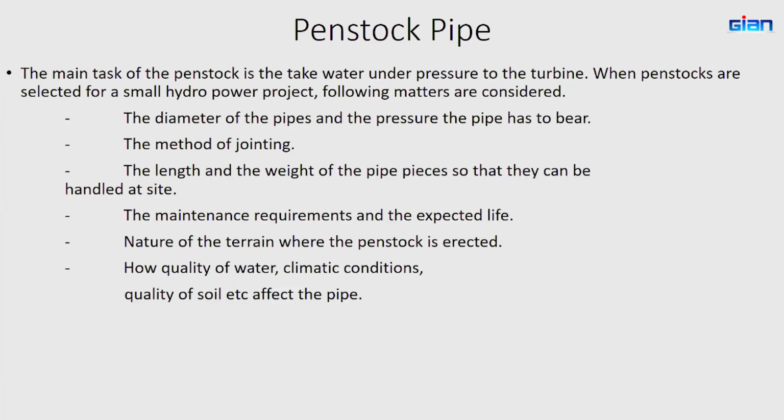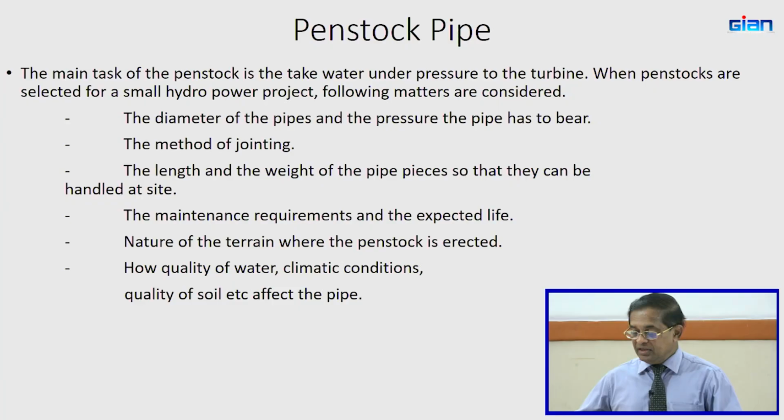So, we will go along with the discussion on the design of penstock pipes for small hydropower projects, which is an important component in the design of small hydropower schemes. The main task of the penstock is to take water under pressure to the turbine.